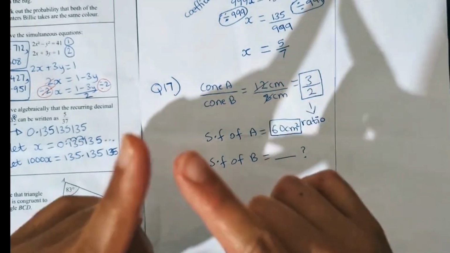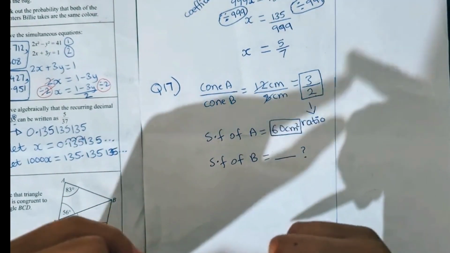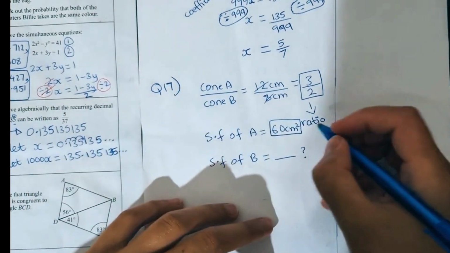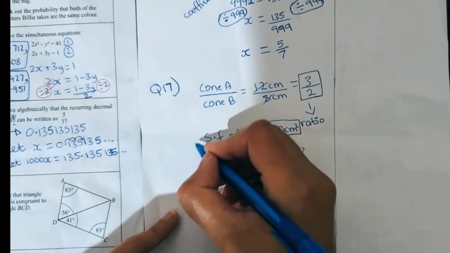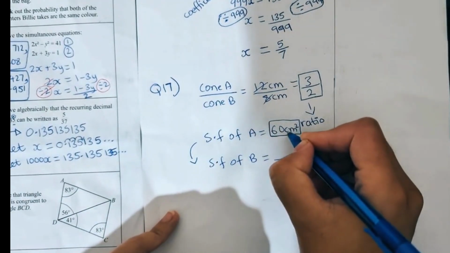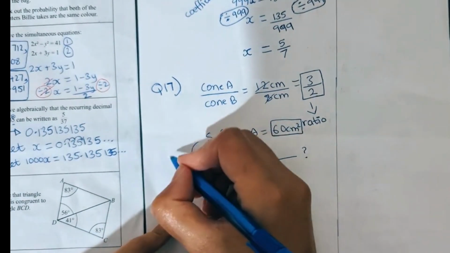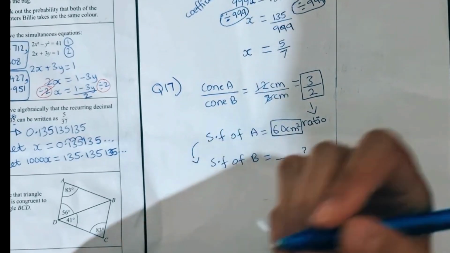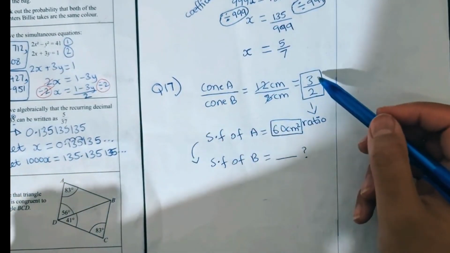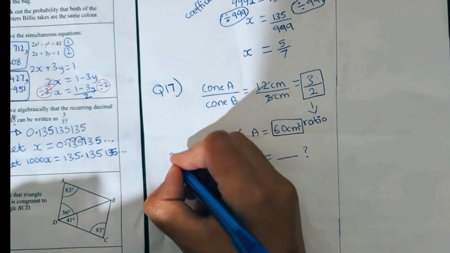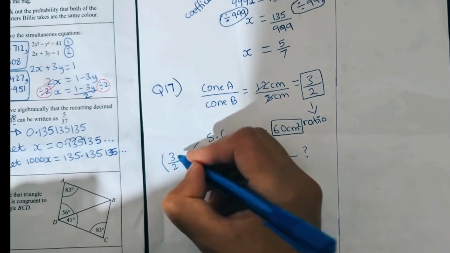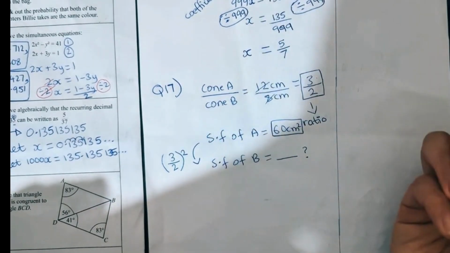Because surface area is a different sort of measurement, it's in squared units, we are actually going to be squaring it. So what we're going to do is take the surface area of A and multiply it by 3 over 2 squared. So multiply it by the ratio, which will be squared.